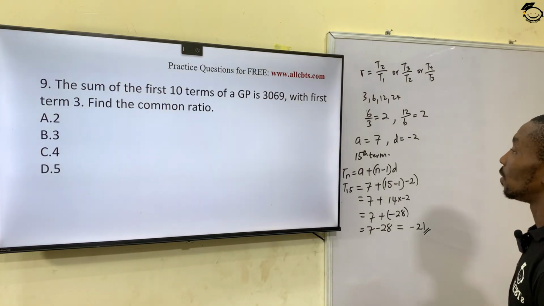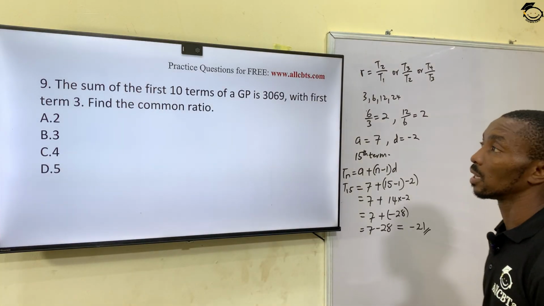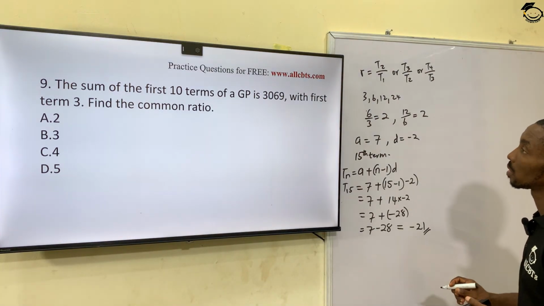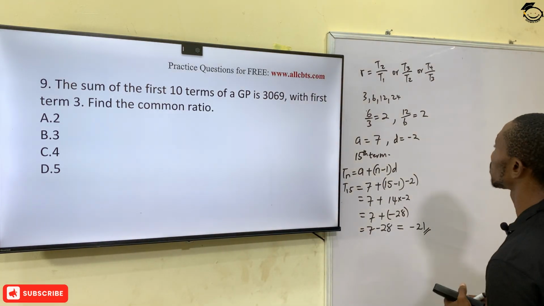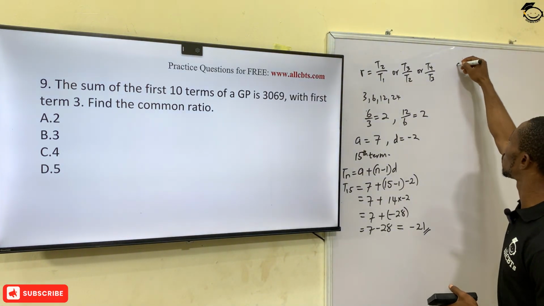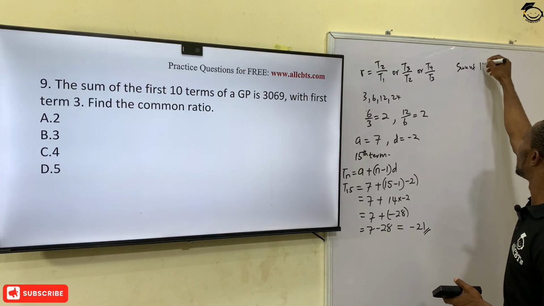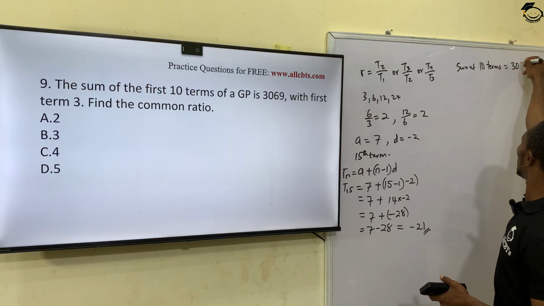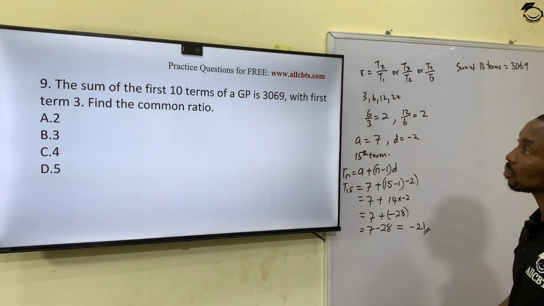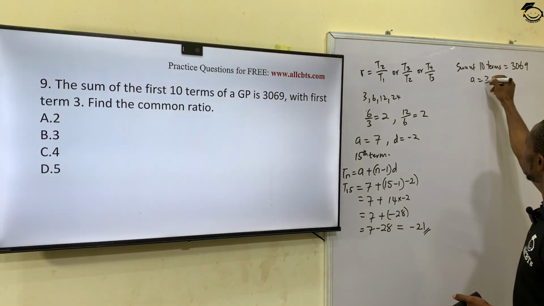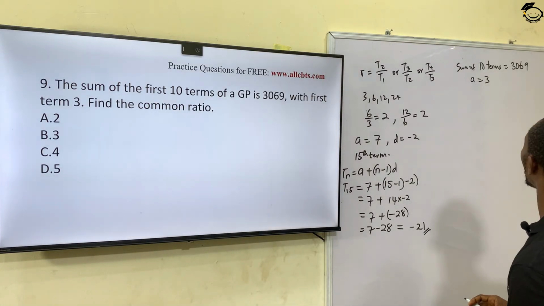Now, the next one says the sum of the first 10 terms of a GP is 3069, with the first term as 3. So the sum of 10 terms equals 3069, and A is 3. Now, find the common ratio.